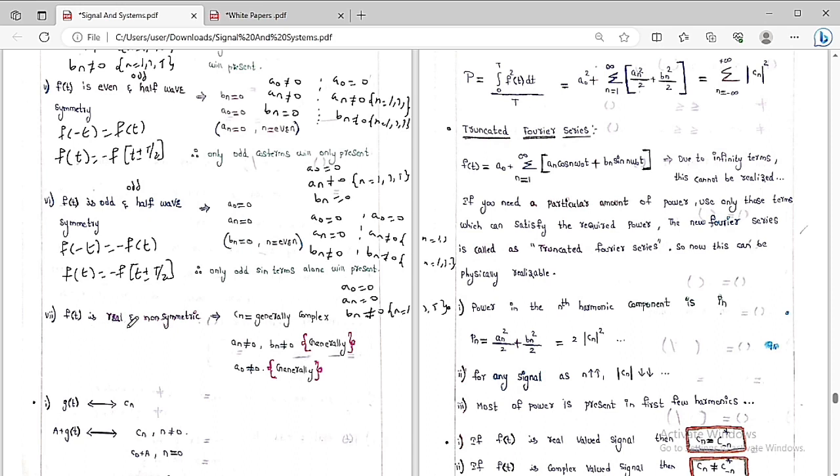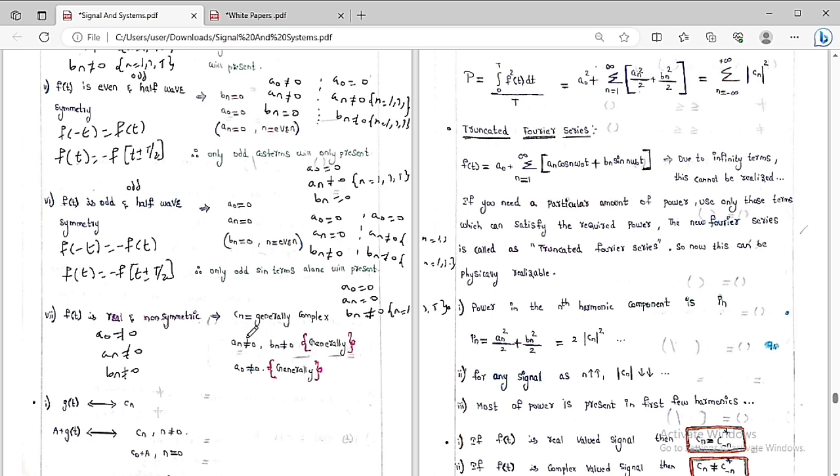Suppose f of t is real and non-symmetric: it is not an even signal, it is not an odd signal, it is not even satisfying any odd half wave symmetry. Then we can say a naught is not equal to 0 generally, an is not equal to 0 generally, and bn is also not equal to 0 generally. So Cn is nothing but an by 2 minus j bn by 2.